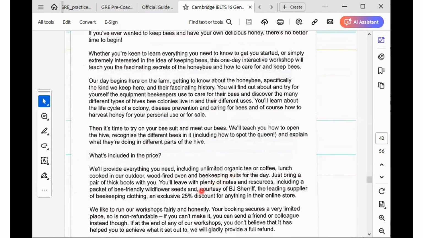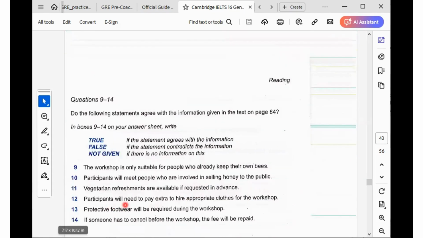Let me check. You leave with plenty of notes and resources, including a packet of bee-friendly white flower seeds, courtesy of BJ Sherry, the leading supplier of beekeeping clothing. They didn't say that you will pay extra for appropriate clothes. Number 12 is false. That beekeeping clothing is already included in the price.